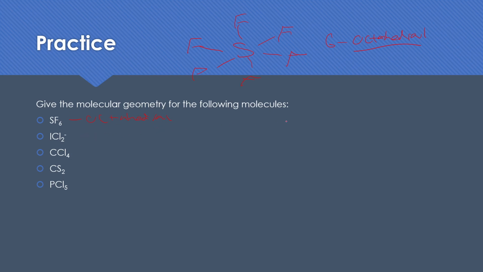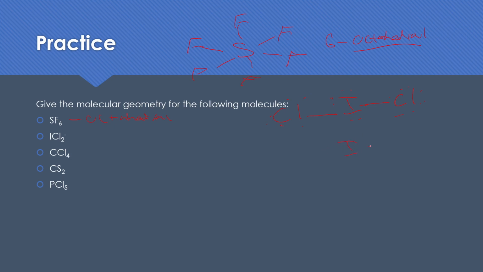ICl2 minus, okay? So we've got iodine, Cl, and then I get an extra electron because it's negative.